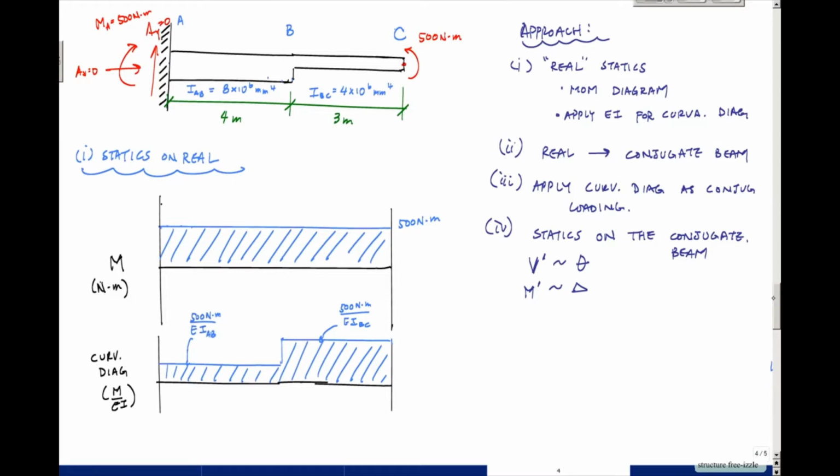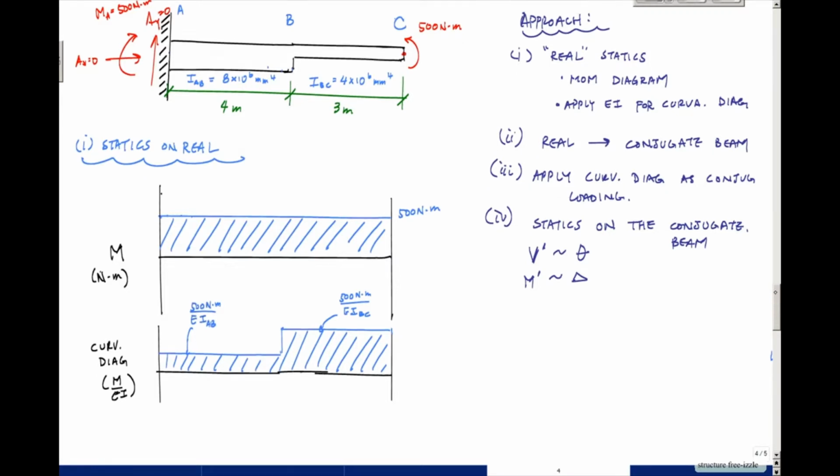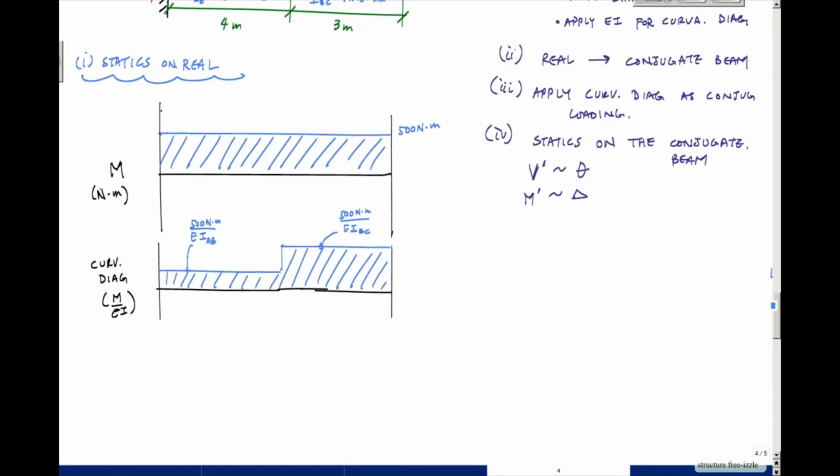Statics is hard if you need more practice with moments, right? But now the next thing we want to do is draw the conjugate beam. This is really the hard part of this problem: making sure you understand how the real boundary conditions translate into conjugate boundary conditions.